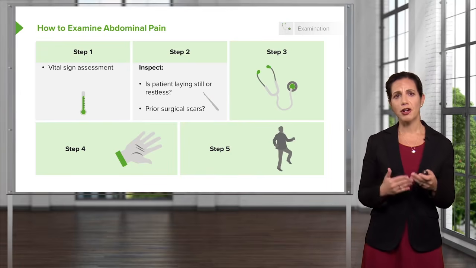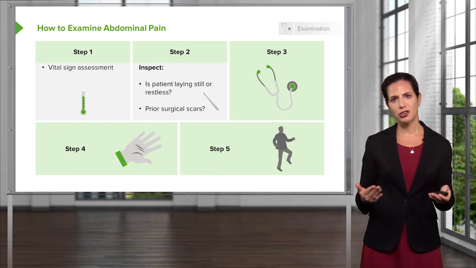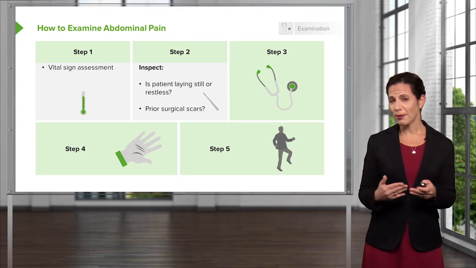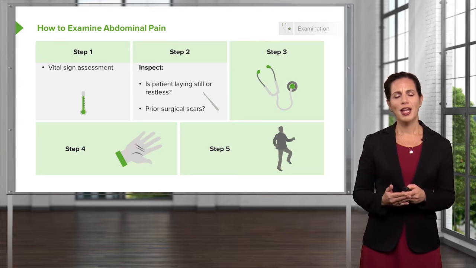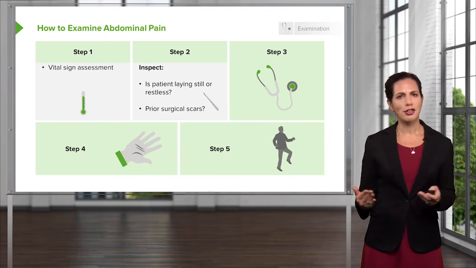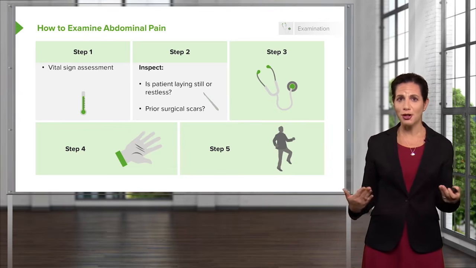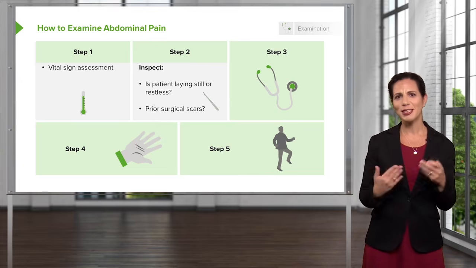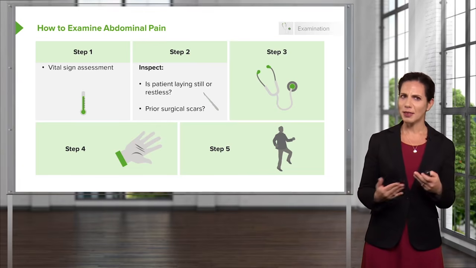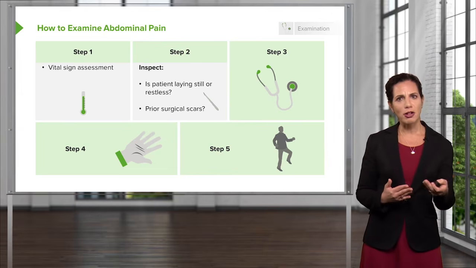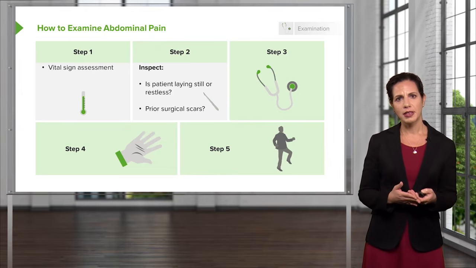Some patients also aren't very good at remembering what procedures they've had on their abdomen. Some patients you might ask, I've had this situation for sure, have you ever had any surgeries on your abdomen? And they say no. And then you look at their belly and there are lots of scars there. So in those situations, you want to ask them more probing questions if you see surgical scars, or look in the medical record to try and figure out what happened.